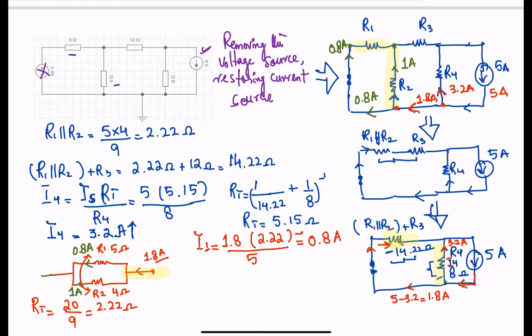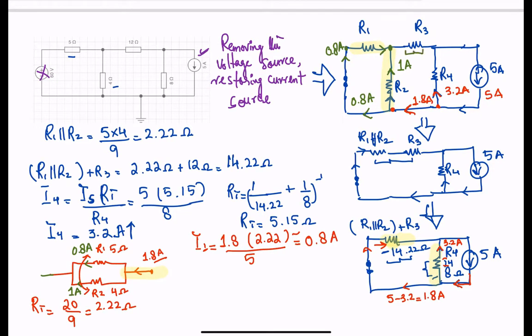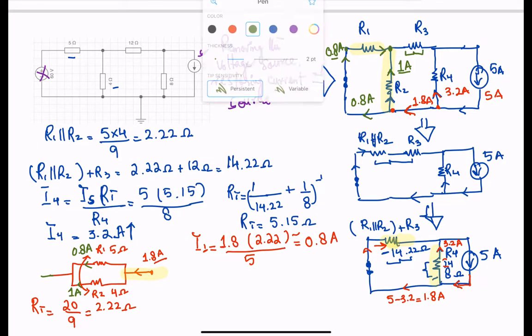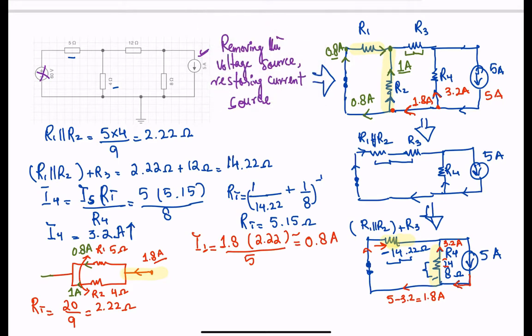If you look at this node right here, you have 1 amp going in and 0.8 getting in. So the current going through R3 will be the sum of this current and this current. So I3 is going to be the sum of I1 and I2, so I get 1.8 amps.